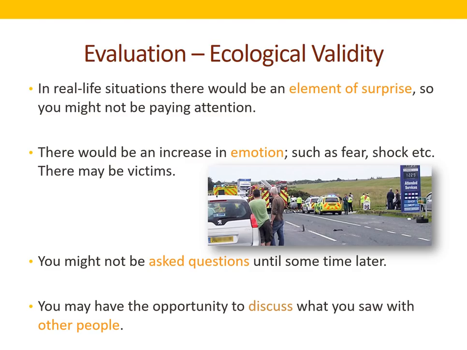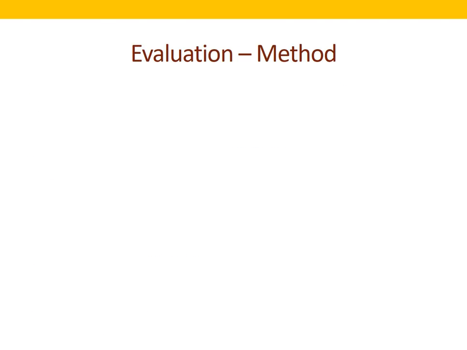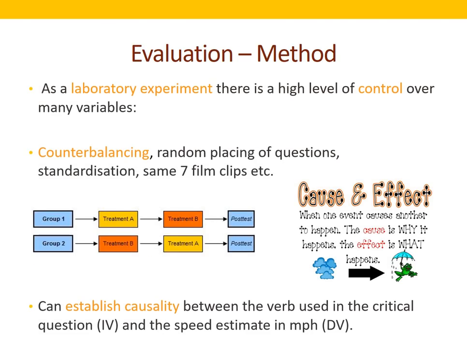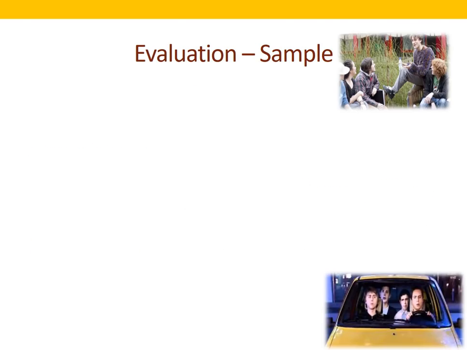So because it's done with film clips in such a controlled setting, it's quite low in ecological validity. But because it's in that controlled setting, you've got control over other variables, and you do things like counterbalancing and standardization, and that means you're more able to establish cause and effect between the IV, so like the verb used, and the speed estimate.